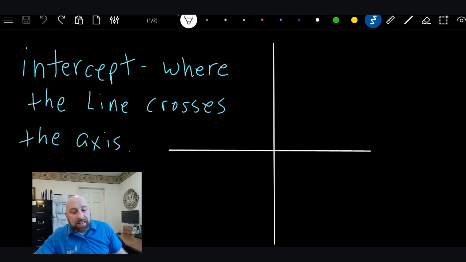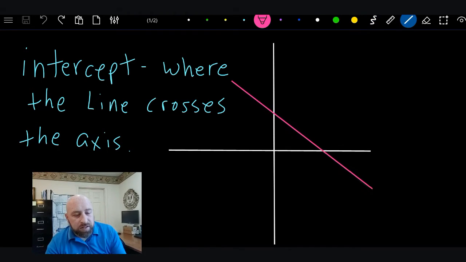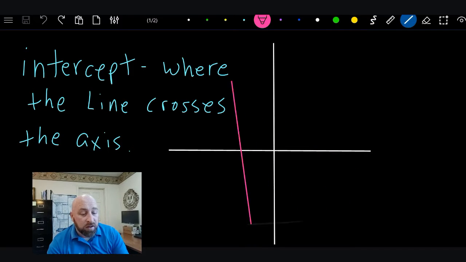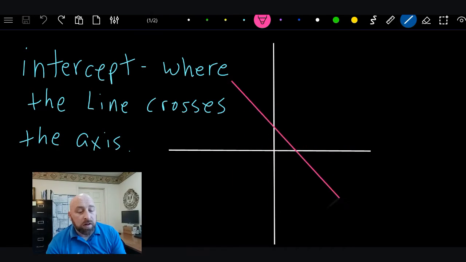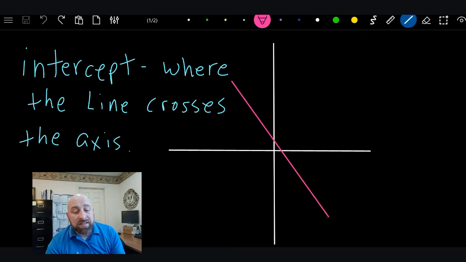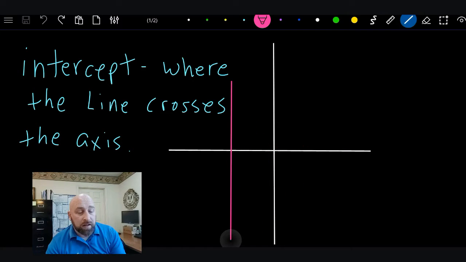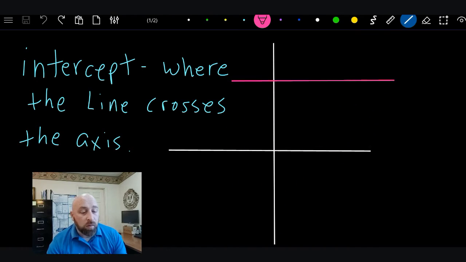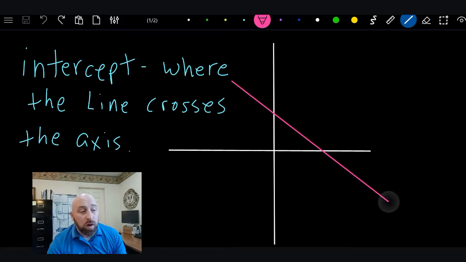But if I take a line and put it on that Cartesian plane, the line can go anywhere, okay? And I want you to see something. Unless it's straight in one of these two ways, like parallel or perpendicular, it will cross both the x and the y axes.